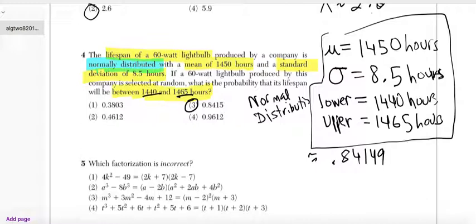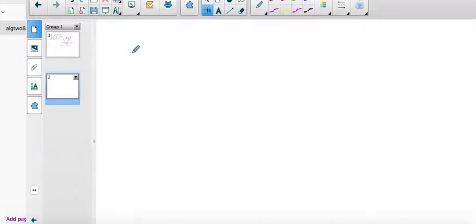If you have a Casio, in a Casio what you're going to do is go to Norm CD. That stands for normal cumulative distribution.